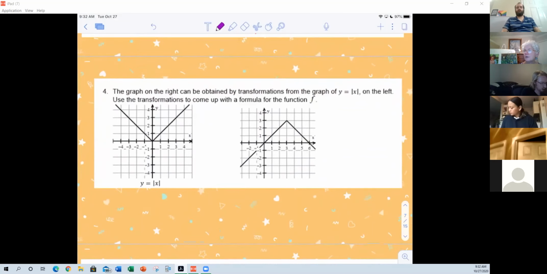All right, so on number 4, it says the graph on the right can be obtained by transformations from the graph of y equals the absolute value of x on the left. Use transformations to come up with a formula for the function. So I want you to think about that for a second.